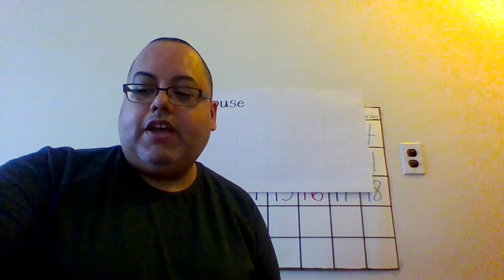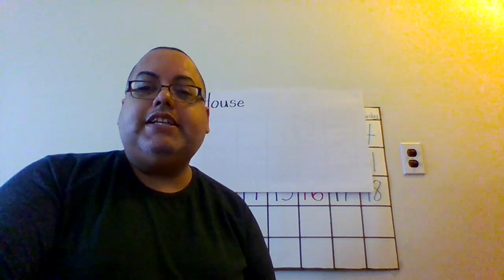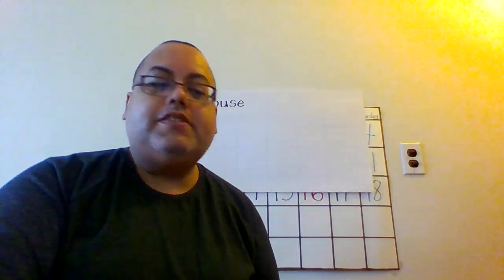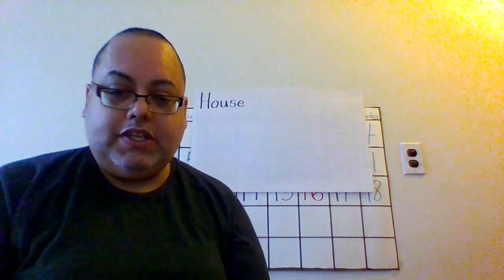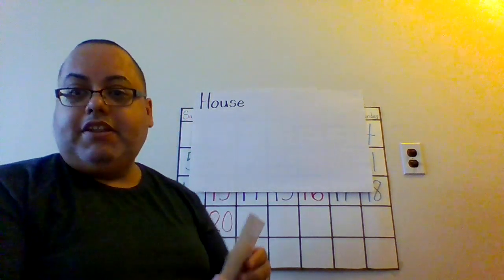So, out of many shapes, I decided to choose a few. What shape is this? A square. I'm going to make a house using some shapes. If you have shapes already cut out, this is something that you can do.